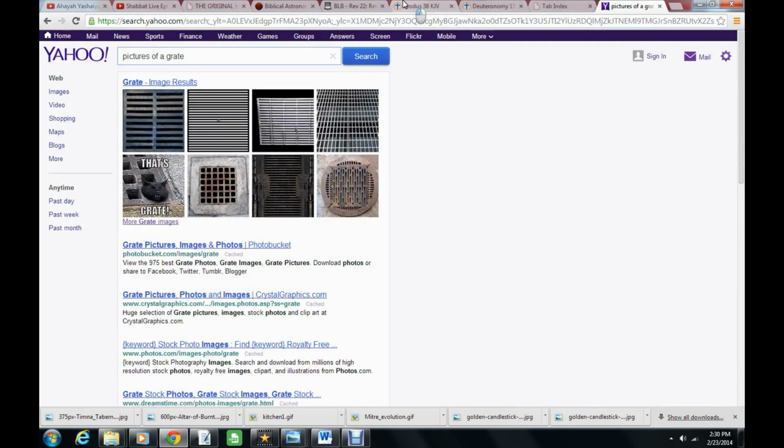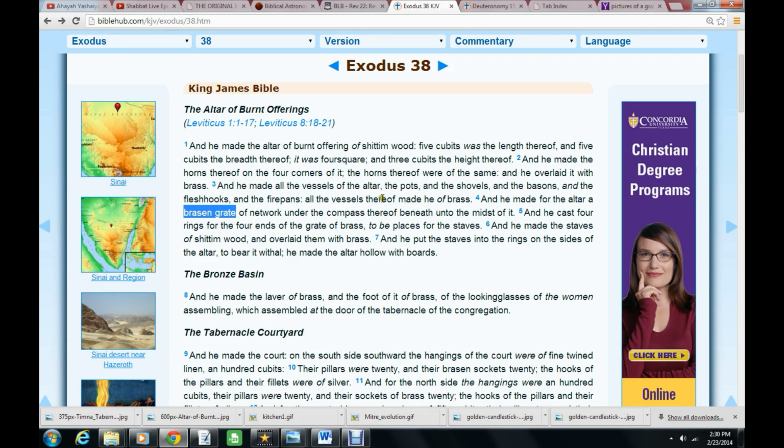So he made for an altar a brassin grate of network, which would mean the nets that are intertwined, the metal of the brass grate, under the compass thereof, beneath unto the midst of it. So to cook it, put it beneath, but still into it. So it's not underneath. It's like inside the altar.